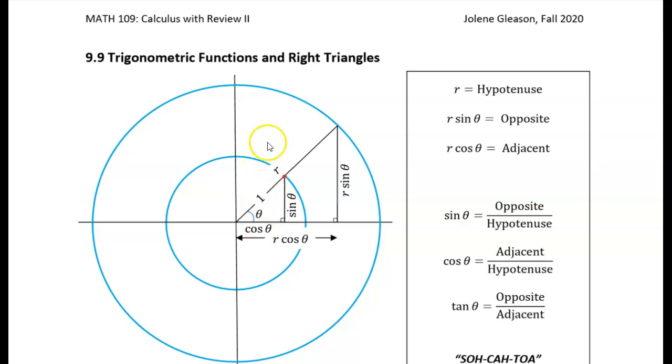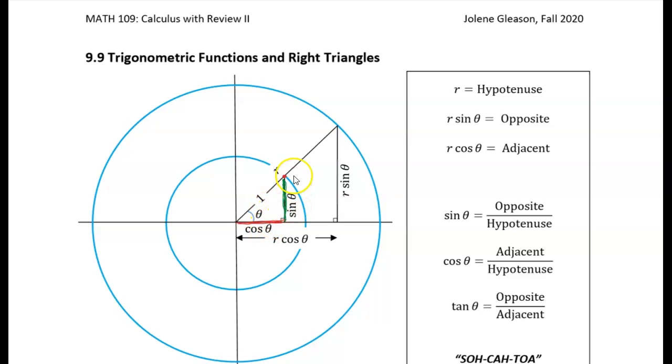But you can also see that as the legs of the triangle, right? Because the distance in the x direction is the leg of this triangle that's horizontal, going in the x direction. And the y coordinate is the distance that we're going up in the y direction.